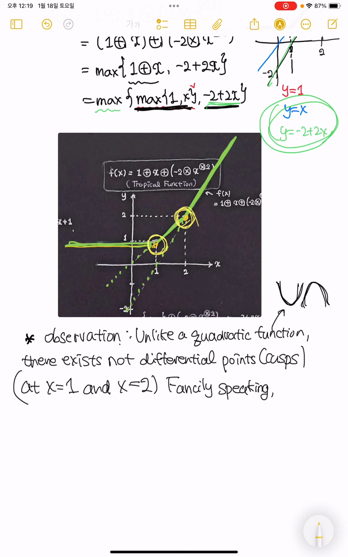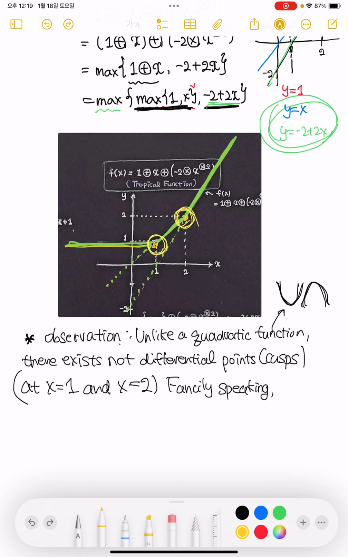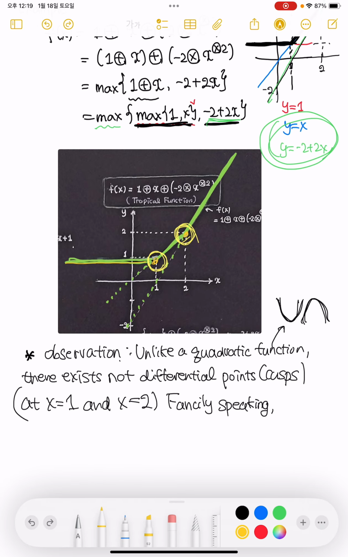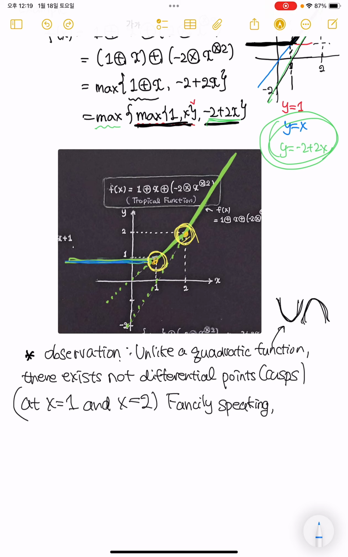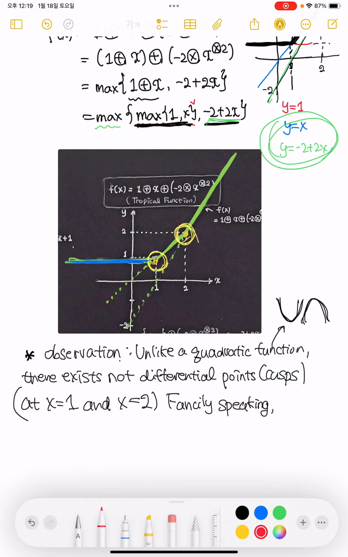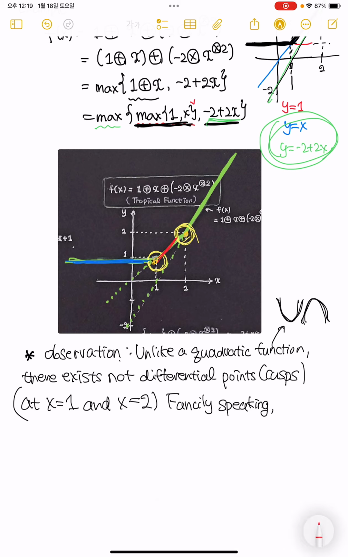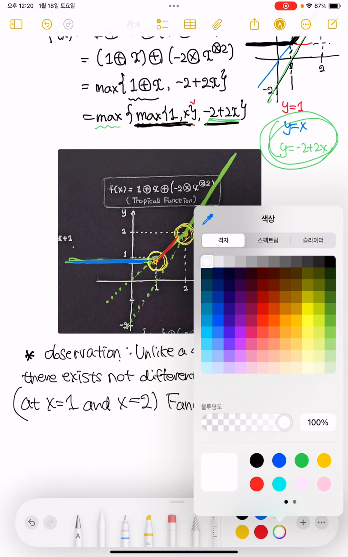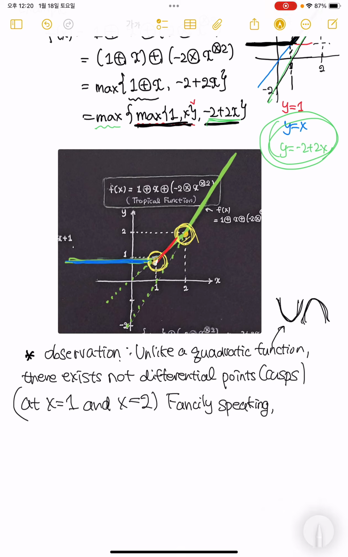When you consider the blue function and the red function, the cusp is a cusp of the maximum of two functions, which means that at this point the blue one, max 1, and the red is also 1.